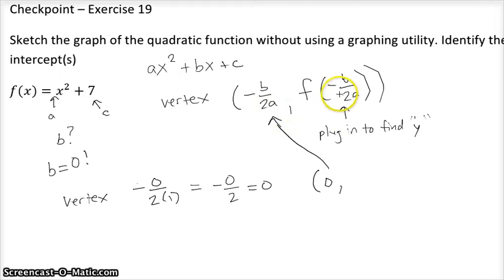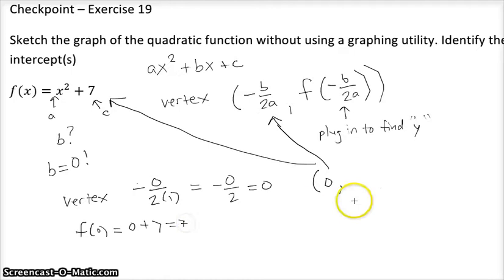The way I plug it in is that equation right here. So 0 squared is 0 plus 7, I get 7. So my vertex is at the point 0, 7.